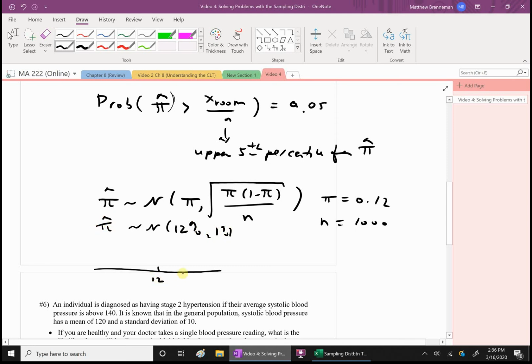So of course this is 12, 13, 14, 15, 11, 10, 9. I'm stepping out in units of standard deviation, right?